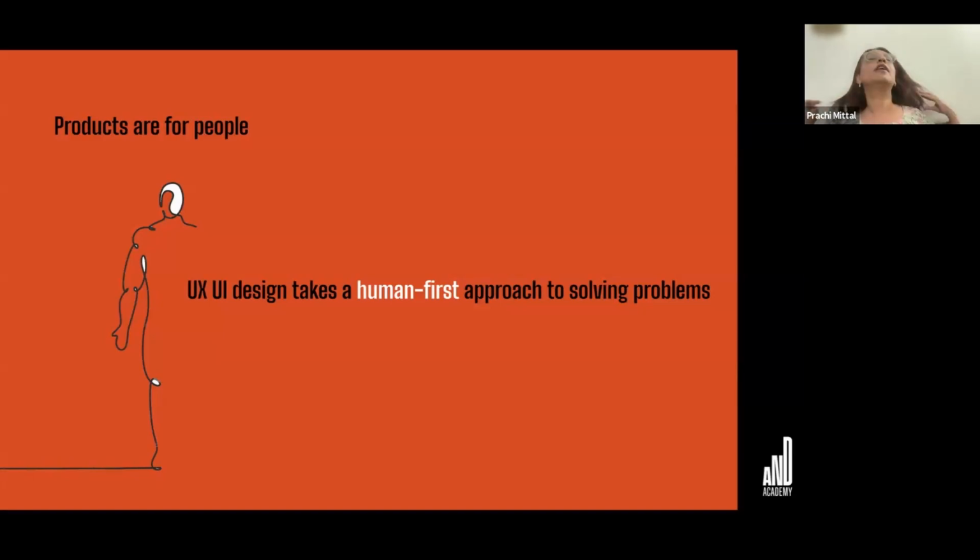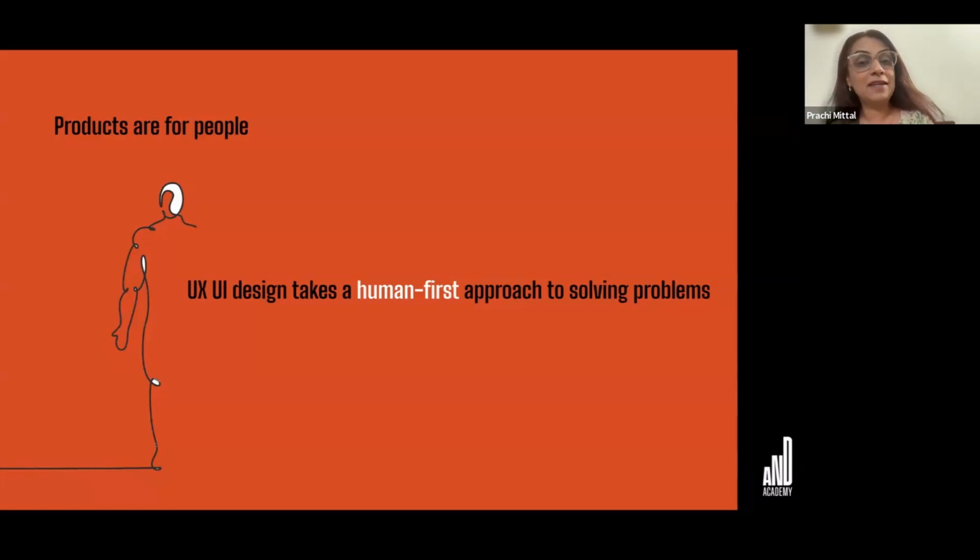So when your electronic goods also became more complex in terms of features and functions because of technological advancements, and engineers were designing it, and it was not part of their process to take a human first approach, the need was felt to have a discipline which takes the principles of design and marries it with technology, and reminds all of us that products are essentially for people.